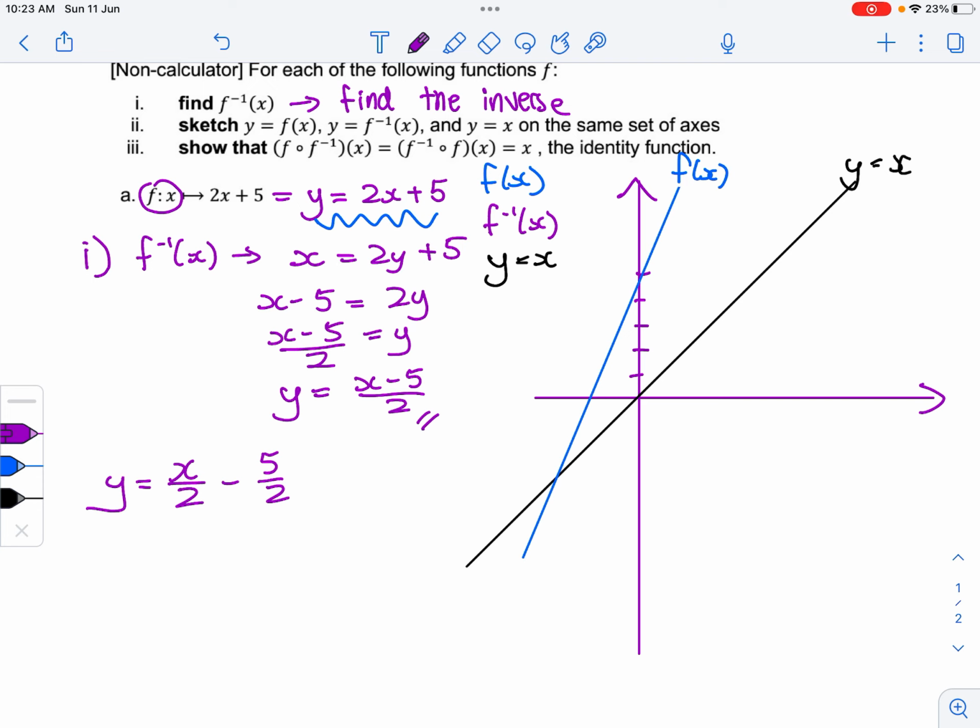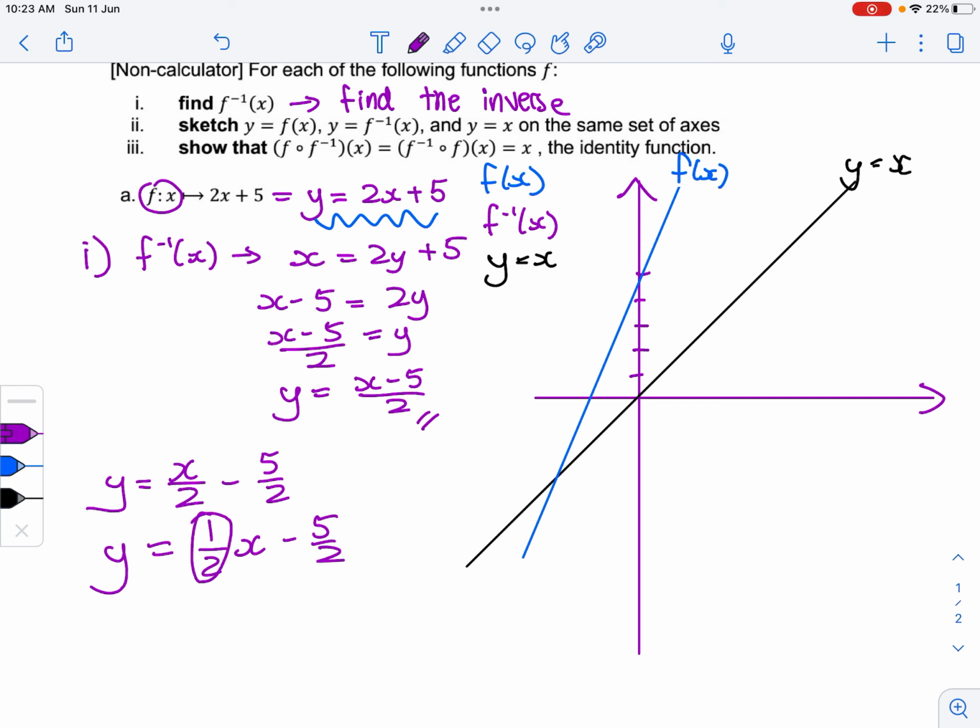You can separate them if they have a common denominator. Another way you can rewrite this is 1/2 x minus 5 over 2. That way it will look more like y equals mx plus b.